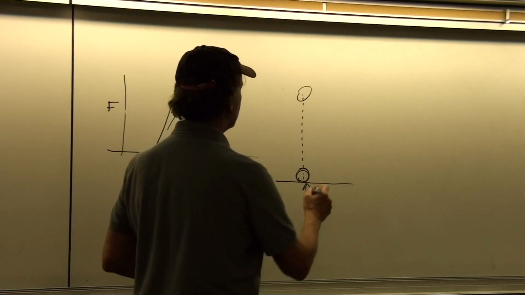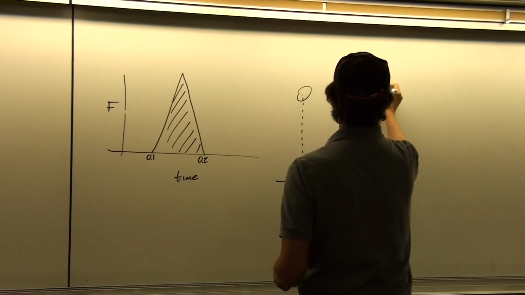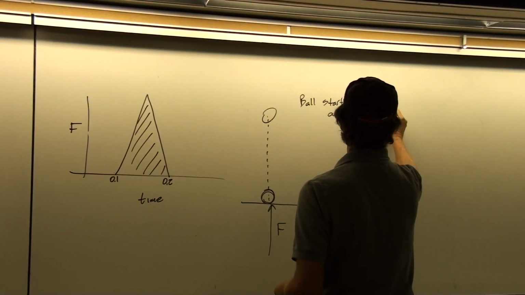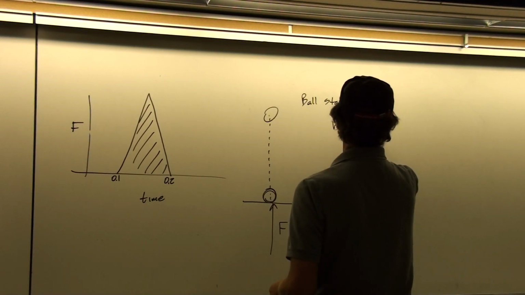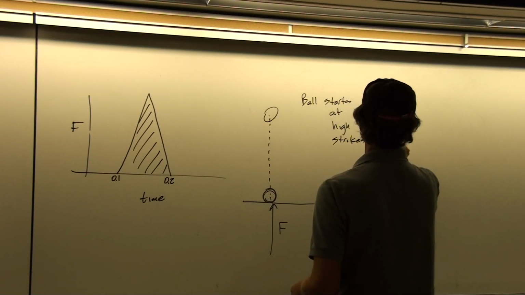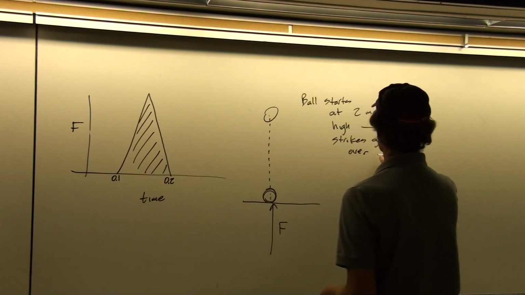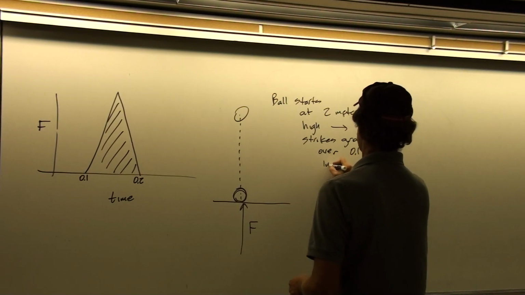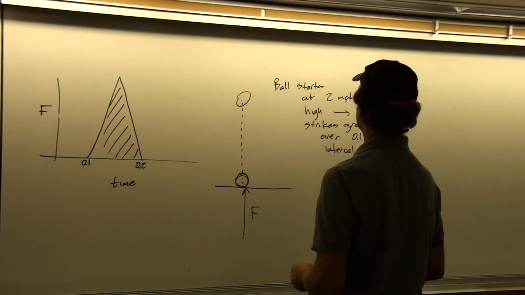Okay, so let's say the ball starts at 2 meters high, strikes the ground, over this 0.1 second time interval, and then rises up to a height of 3 meters.